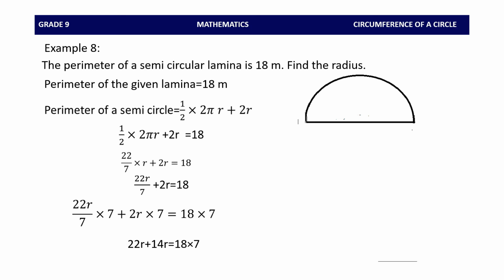Then altogether 36r equals 18 multiplied by 7. Divide both sides by 36. r equals 18 multiplied by 7 divided by 36. 18 and 36 simplified. The answer is 7 divided by 2. It is 3.5 meters. The radius of the semicircle is 3.5 meters.